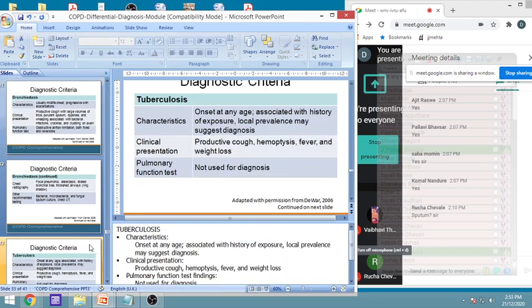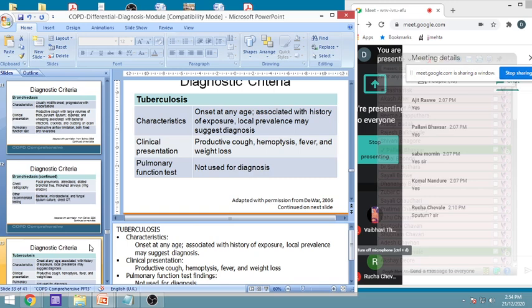Tuberculosis, I already told you that we go for X-rays, we go for bacterial testing. There is blood present in the sputum, which we call hemoptysis. Fever and weight loss are very, very important signs. Hemoptysis means presence of blood in sputum. Fever and weight loss are various signs.